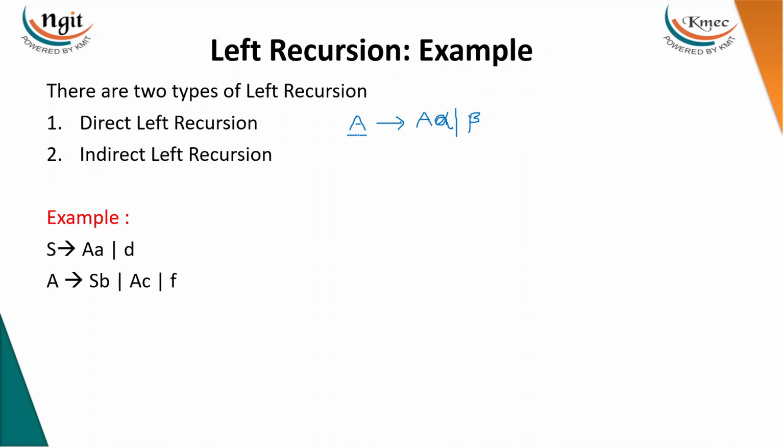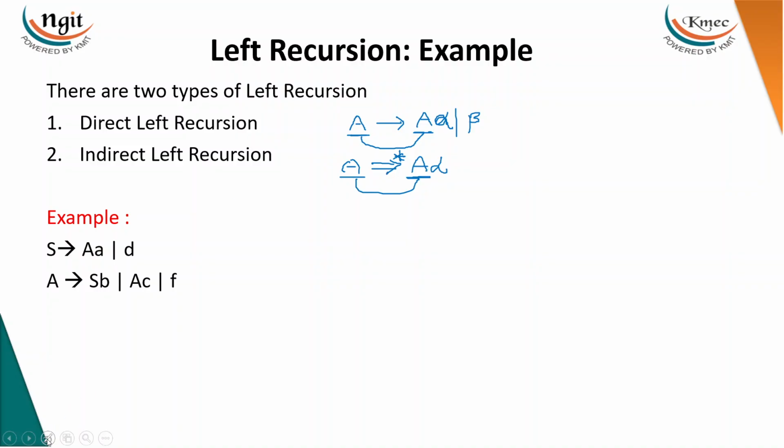Means if the left hand side non-terminal occurs as a first symbol in its production, single arrow means production, then we can say that this is direct left recursion. So what is meant by indirect left recursion? If A derives, after substituting any number of productions, A alpha, then we can call it indirect left recursion, right? Direct means A tends to A. Indirect means A derives A.